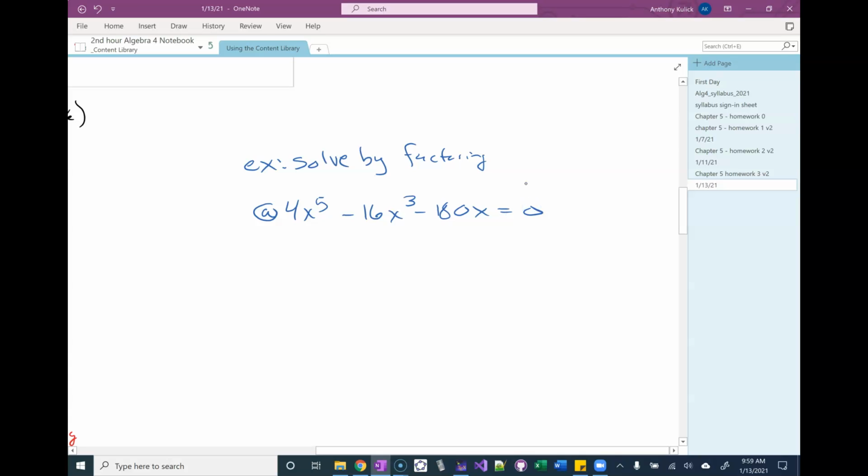So because it's a solving problem, it needs to have an equal sign in it. Notice that the start of this question looks a little bit different than the factoring only question that doesn't have an equal sign on it, right? So we'll use the work that we did in the previous problem to factor this.